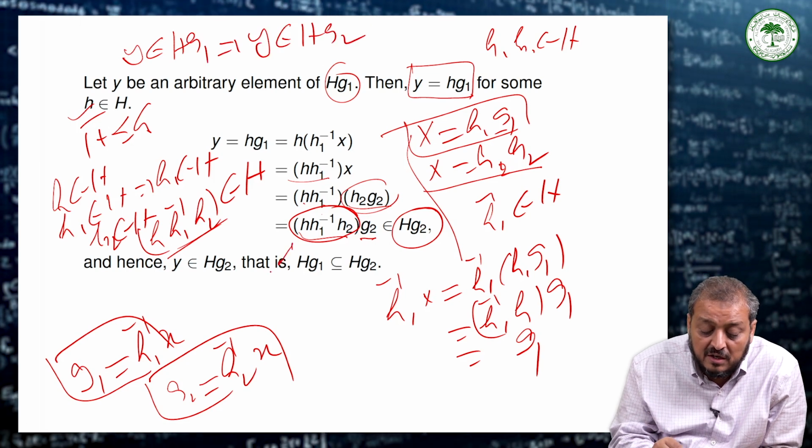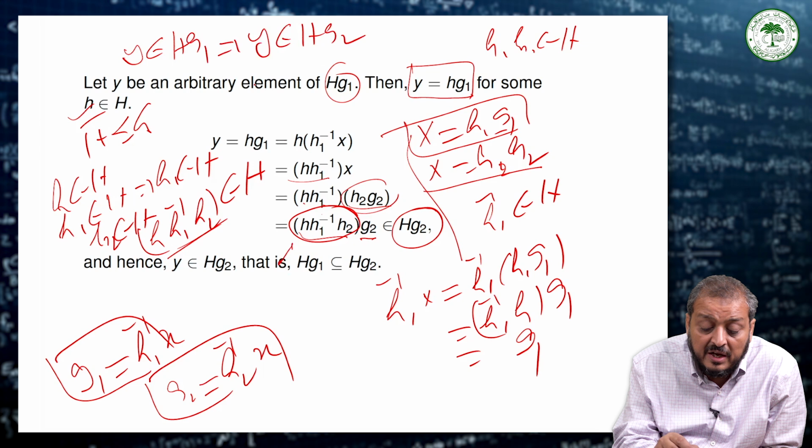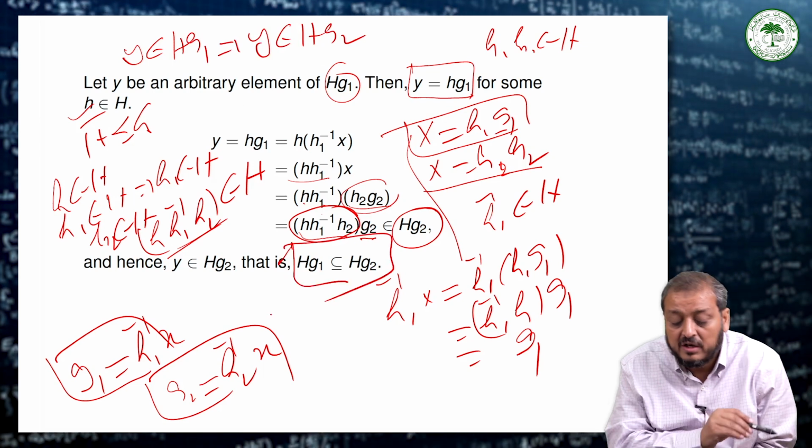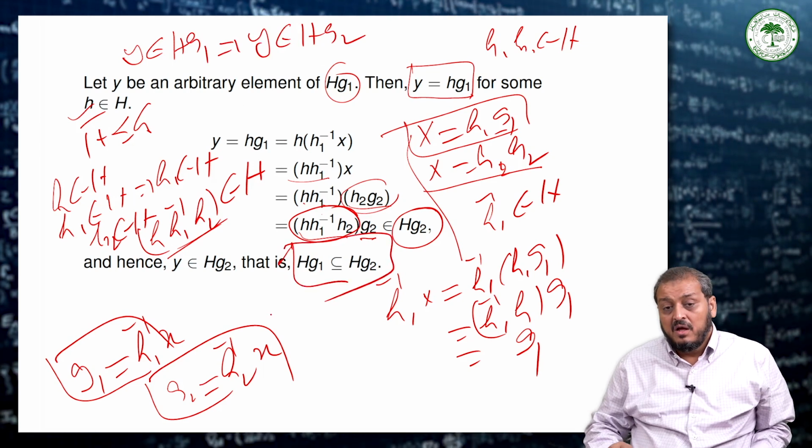Then we can simply say that Hg1 is contained in Hg2.